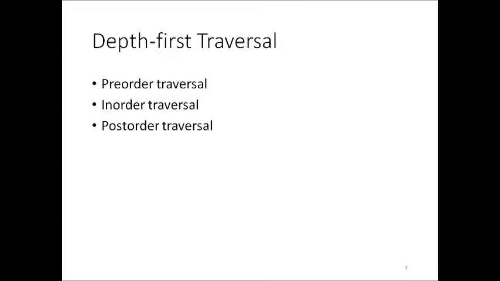In-order traversal first traverses the left subtree, then visits the node, and finally traverses the right subtree. Post-order traversal first traverses the left subtree, then traverses the right subtree, and finally visits the node.